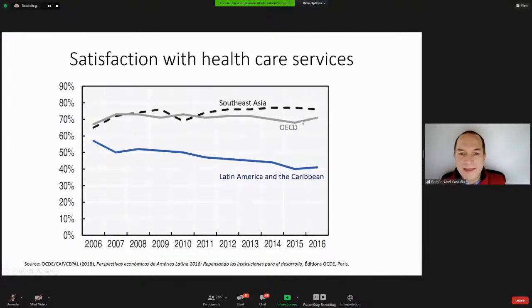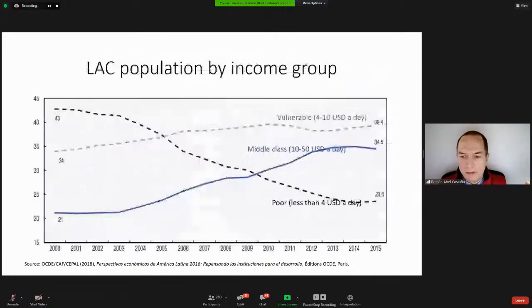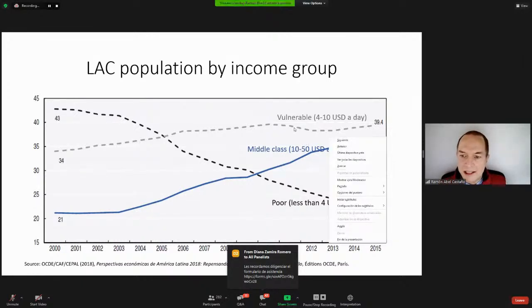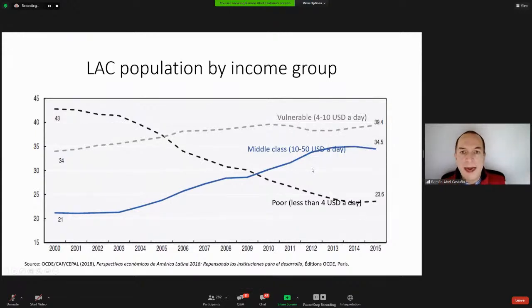So it seems to me that the pandemic put an additional stress on these figures, because probably the trust in government will not come back, and even it will worsen, because all these figures will be reversed. I mean, this middle class will go down and the poorest will go up. So trust in government will go down, and the whole healthcare system will be put under additional stress that was probably exacerbated by the pandemic.